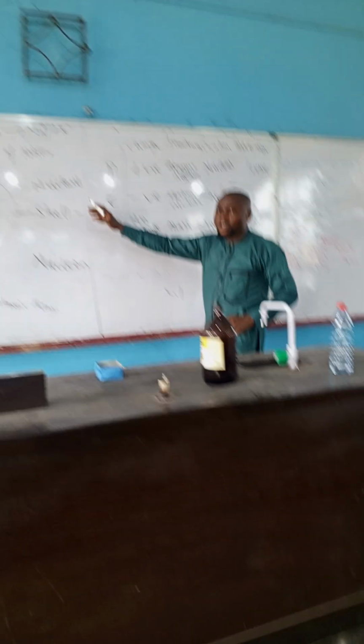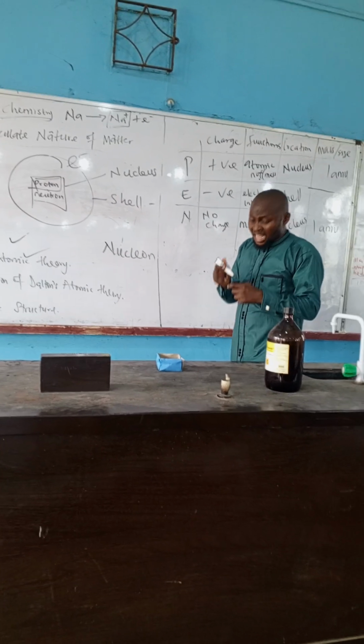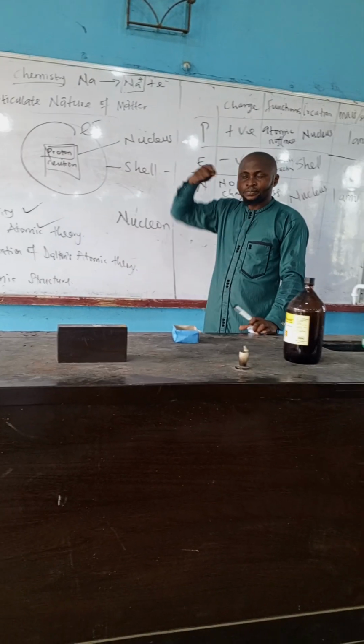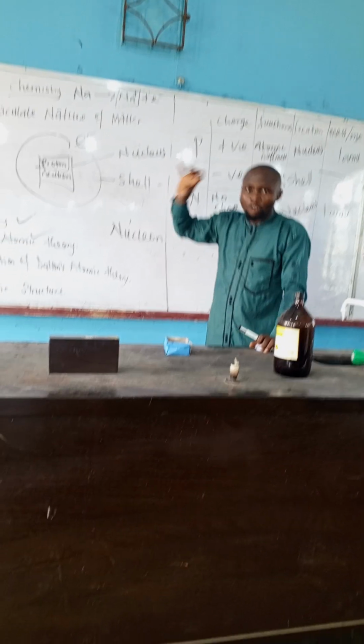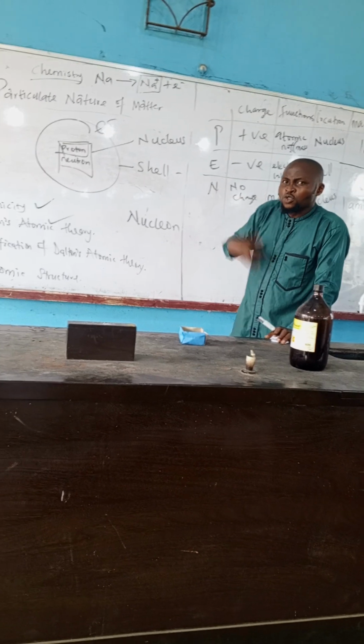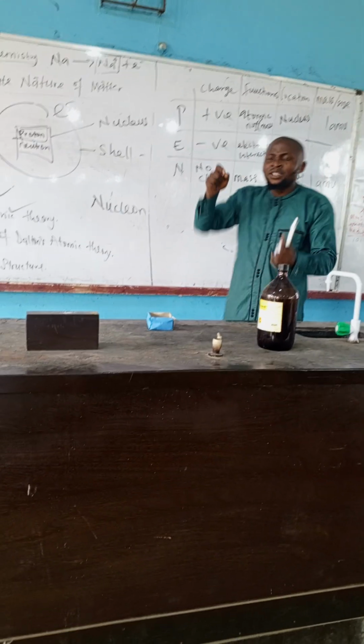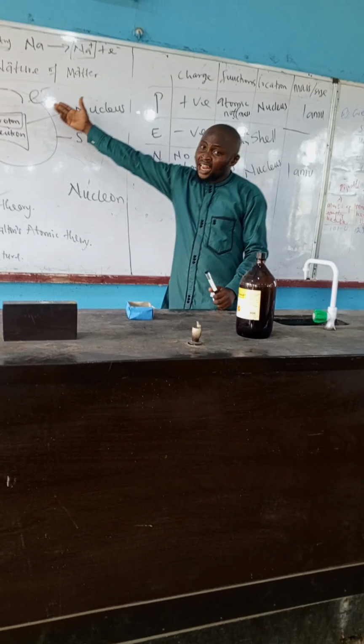And because the electron is insignificant in terms of size, just like the horn of a cow, what is the significance of the horn of the cow to the weight of the cow? Or what is the significance of the eyelid of a human being to how heavy the human being is? That is the way the electron is.